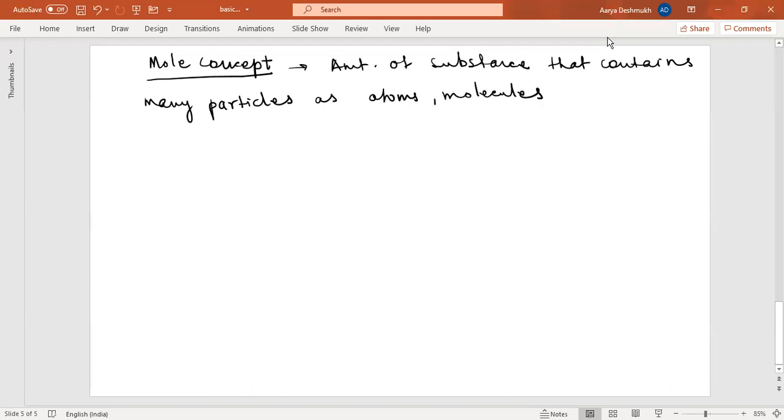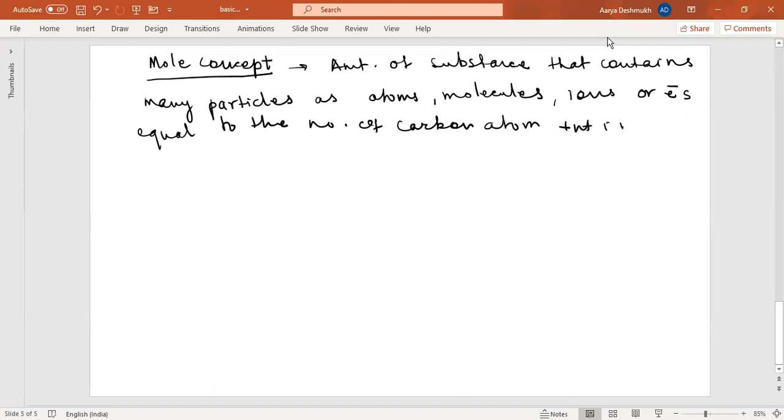When I say particles, it might be atoms, it might be molecules, might be ions, or even electrons also, equal to the number of carbon atoms present in 12 gram of C12, or 0.012 kg.